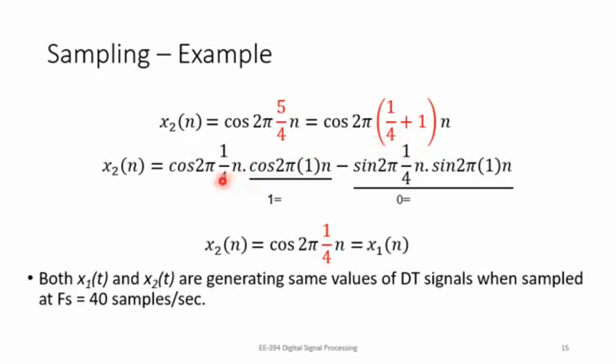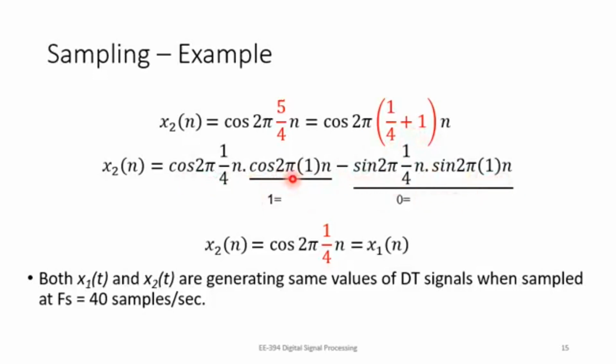and using the formula of cos(α+β), we get cos 2π (1/4) n cos 2π 1n minus sin 2π (1/4) n sin 2π 1n. This is the simple cos(α+β) expression, now expanded into this format.